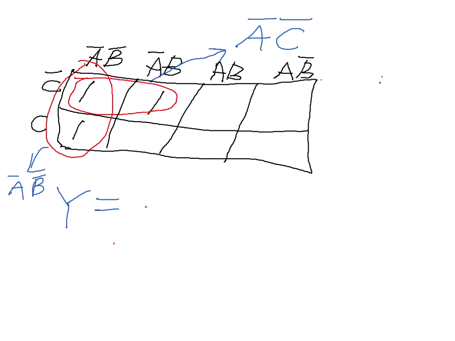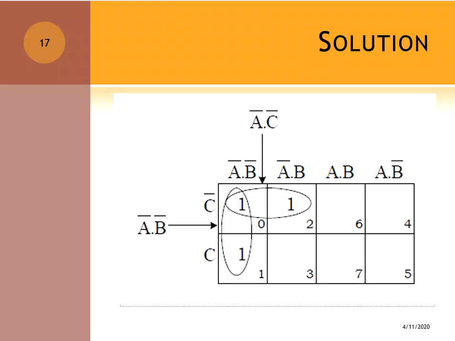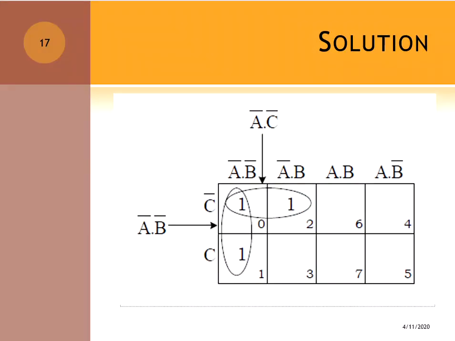So the simplified equation is A bar, C bar plus A bar, B bar. Same as the answer on your slide: A bar, C bar, A bar, B bar.